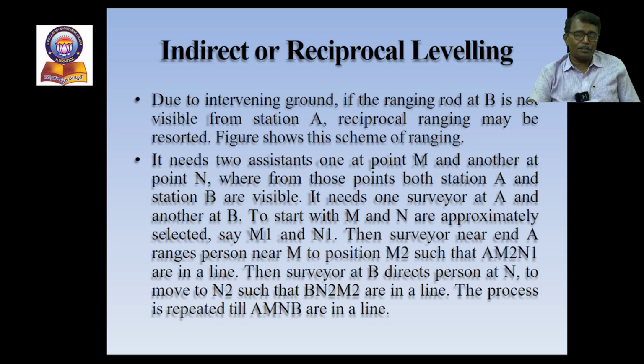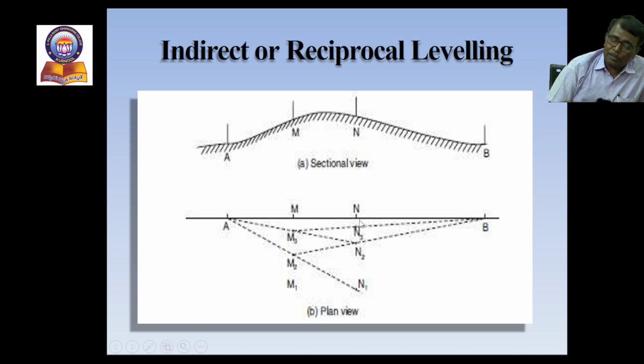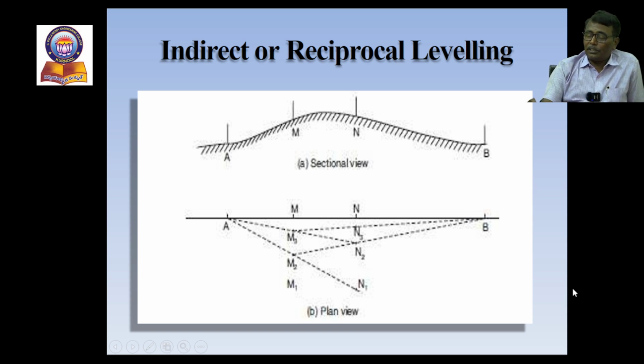This process is repeated till A, M, N, B are in line. Please see the figure. So the person standing at M and N has to move from M1 to M2, M3 and so on, so that finally A, M, N and B are in a straight line. I will see it in detail.